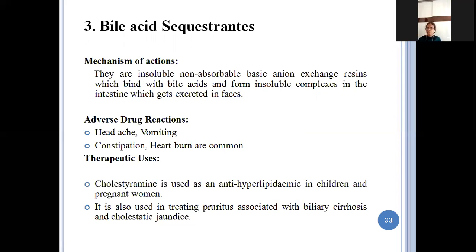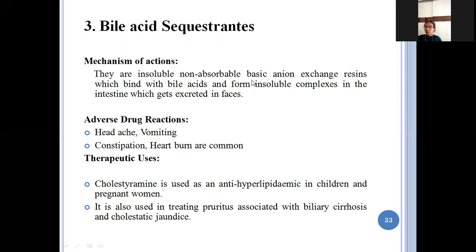Adverse drug reactions are headache, vomiting, constipation, and heartburn. Uses: it is used as an anti-hyperlipidemic in children and pregnant women, and also for treating jaundice and biliary cirrhosis.